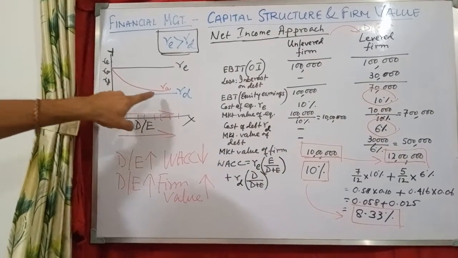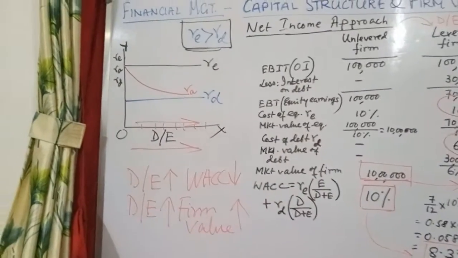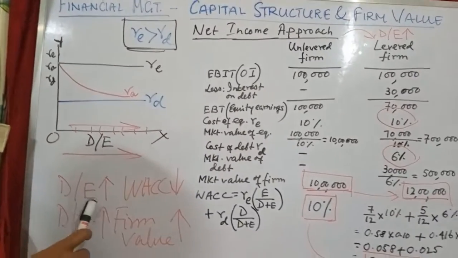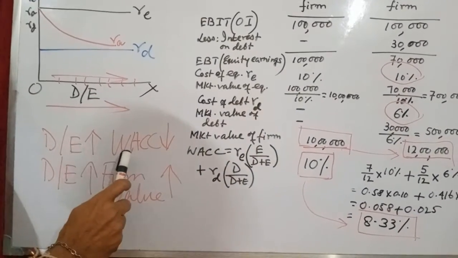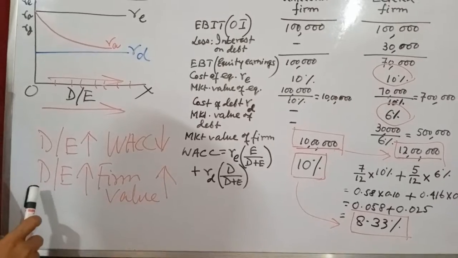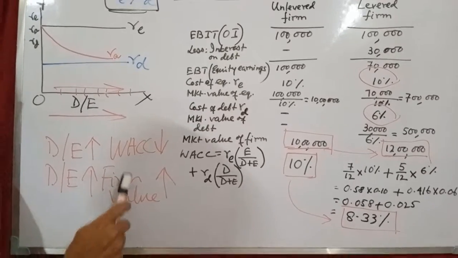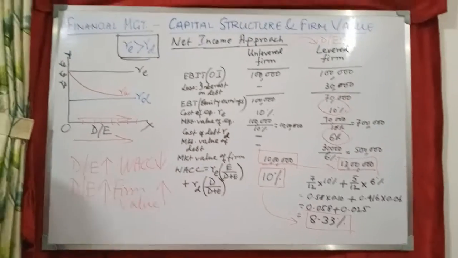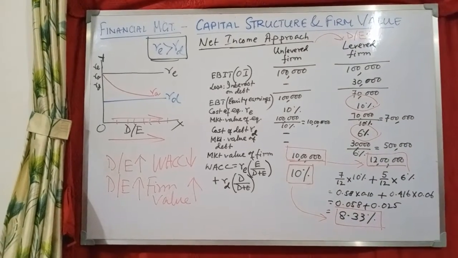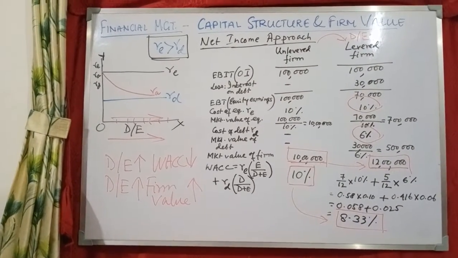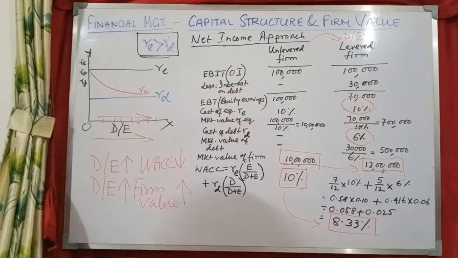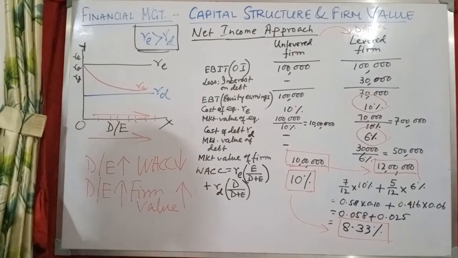So RA is coming down. When debt equity ratio increases, WACC falls. When debt equity ratio increases, firm value increases. So this is all about the net income approach to capital structure and firm value.